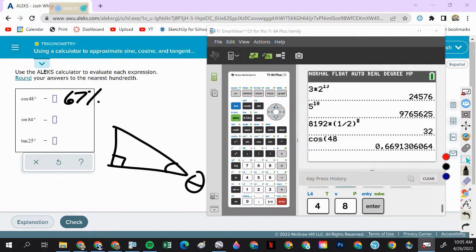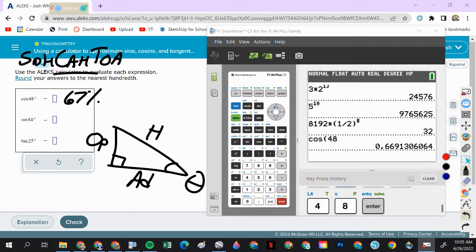SOHCAHTOA, cosine is adjacent and hypotenuse. So if this is the hypotenuse, opposite would be here and adjacent would be here.